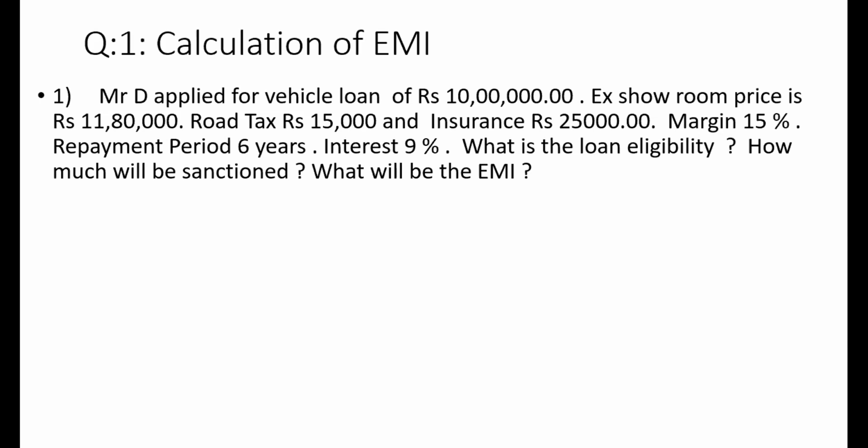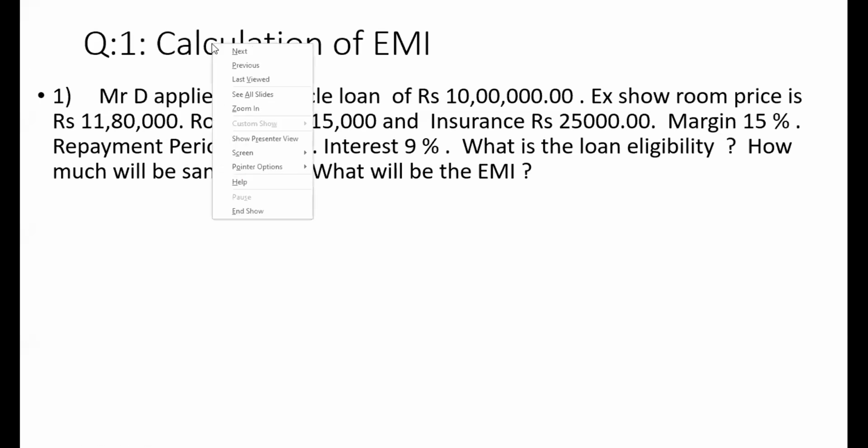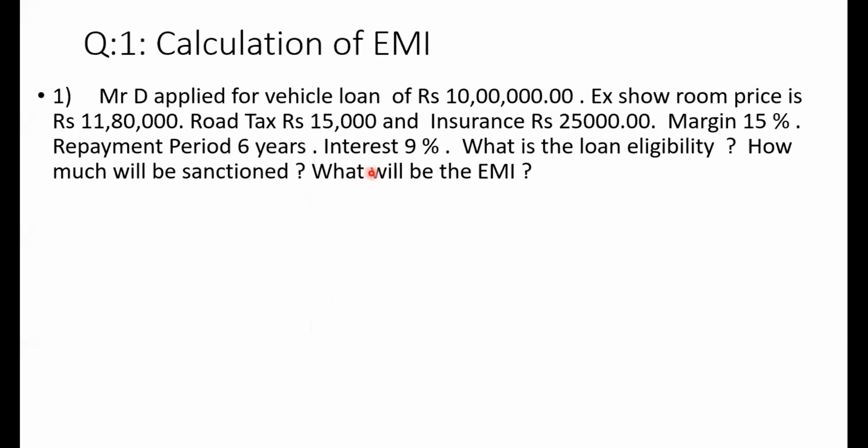So these are the 44 questions I have carefully selected. I wish it should help you to score more. So first point, all of you keep in mind, this road tax and insurance can be loaded.